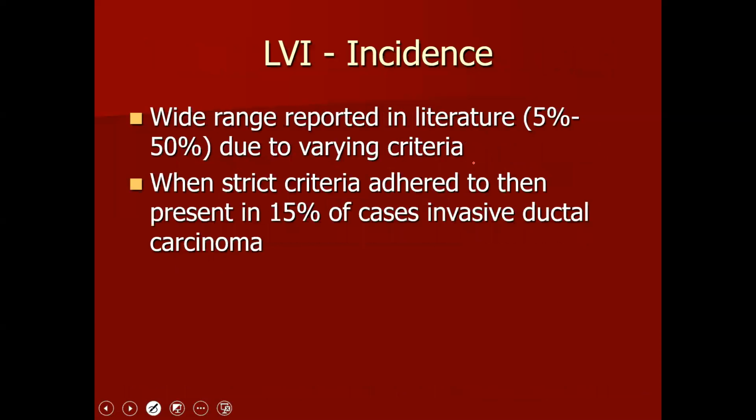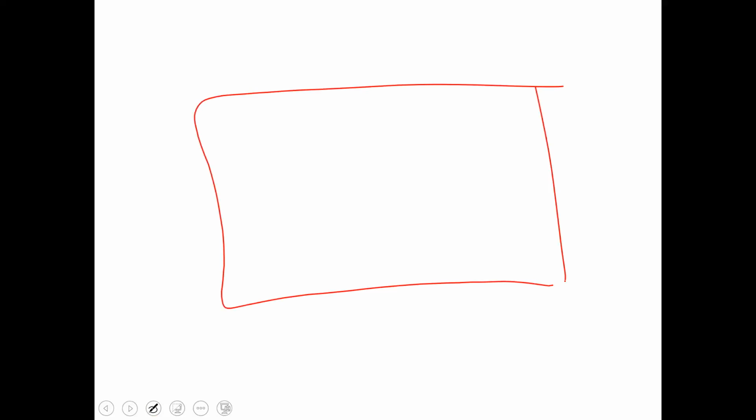One of the things about lymphovascular invasion is that there's a real wide range of incidence reported in the literature, anywhere from 5 to 50%. And that's because strict criteria are often not adhered to. The idea here is that, when you have a tumor, let's say this is a slide, okay? One of the things about breast cancer is that it produces these nests of tumor balls.